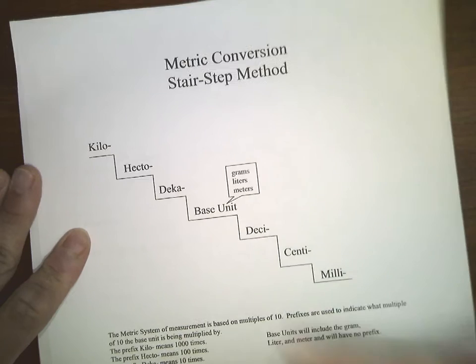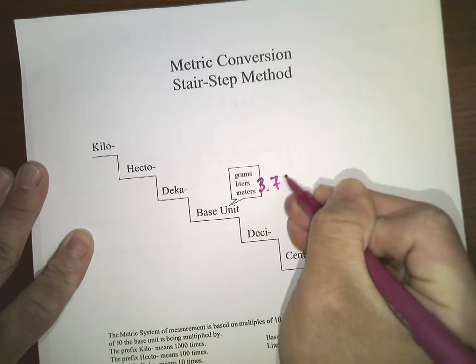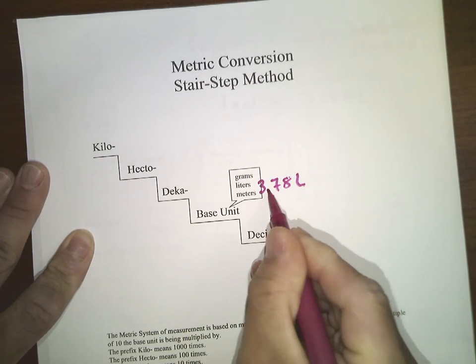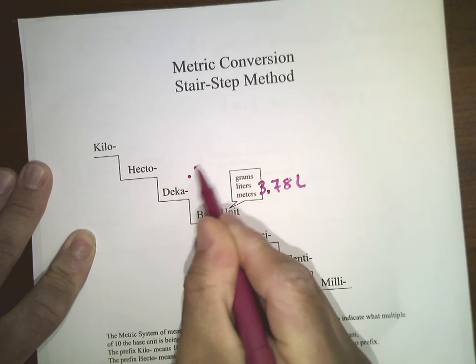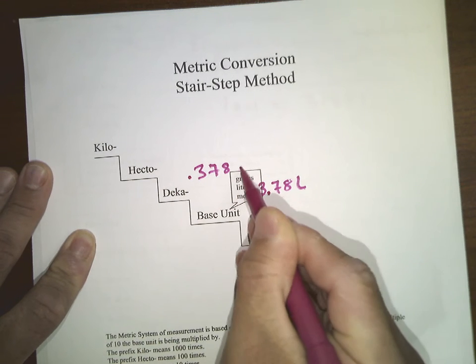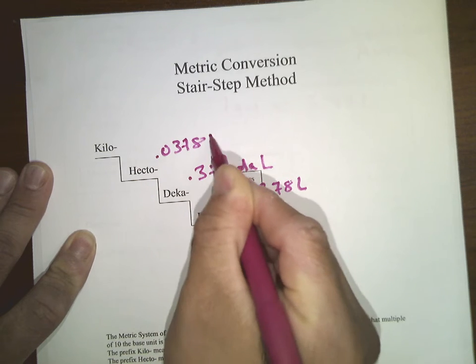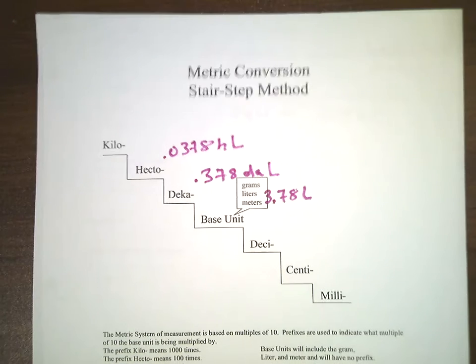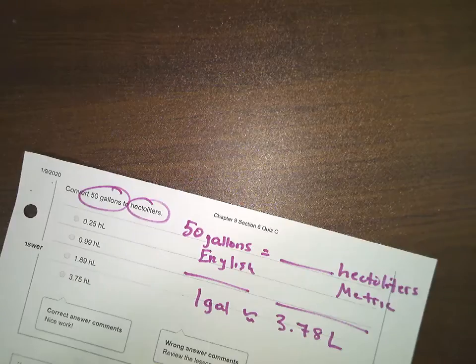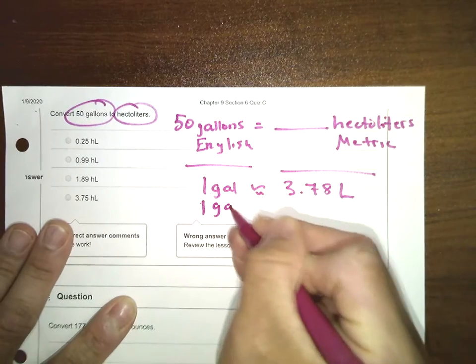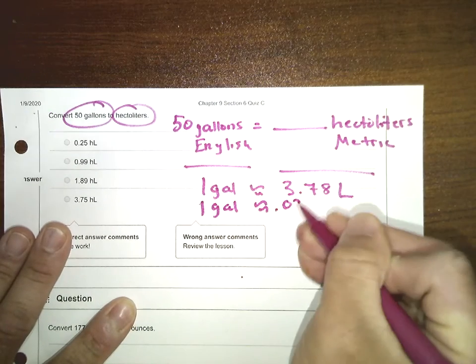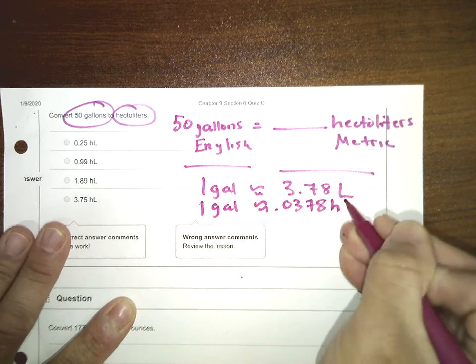We want 3.78 liters, and we want to move to hectoliters. So that will be 0.378 deciliters and then 0.0378 hectoliters. So 1 gallon is about 0.0378 hectoliters.